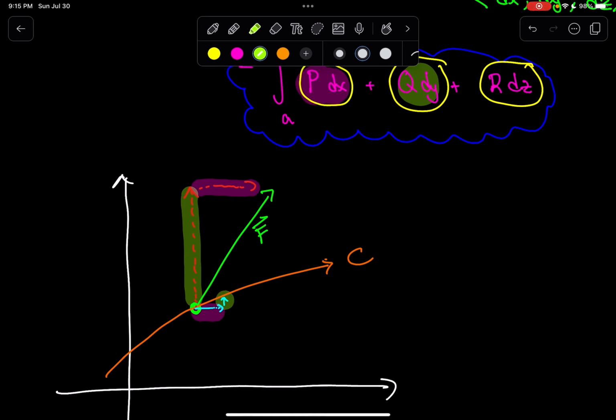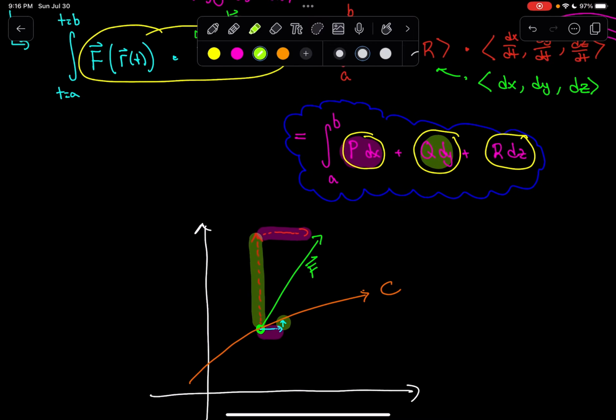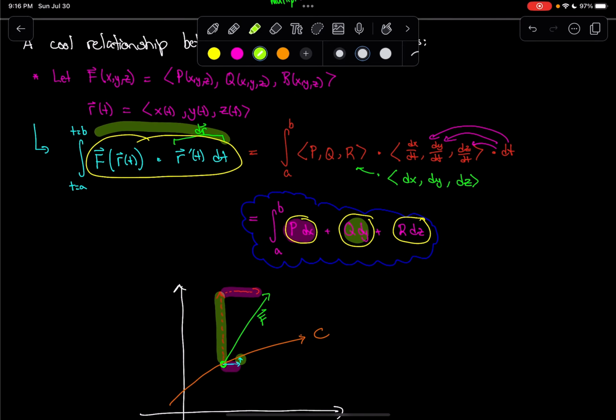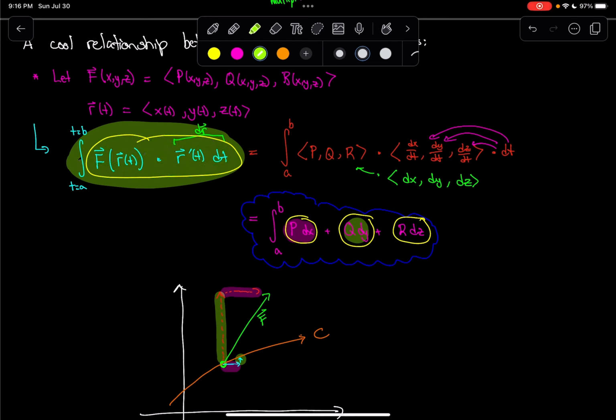How much of that is happening. And that should make sense. If you add up how much of the x component, the y component, and the z component are all going in the appropriate directions, that should give you the amount of the vector field F going in the direction of your curve, aka the total work that you've done moving something along a particular path, or whatever the application is.